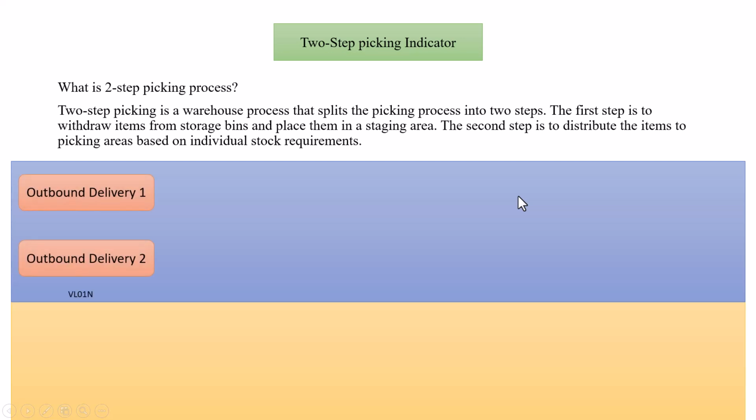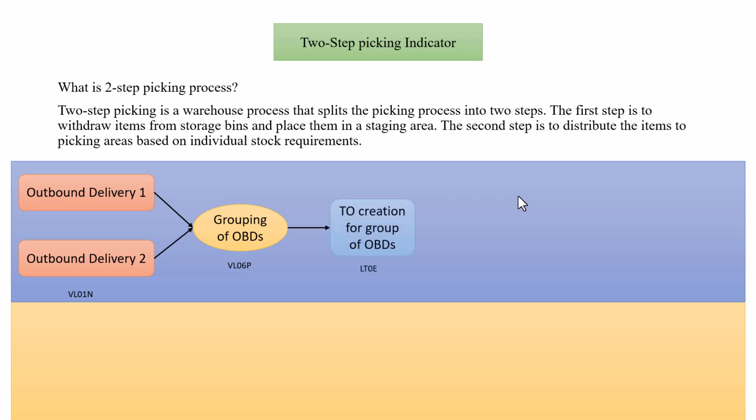So suppose we have two outbound deliveries, then we have to group the outbound deliveries into one outbound delivery with the help of VL06P. Then we create a TO for that group with LT0E. Then we confirm the TO. Then the material will come to a staging area, and it is generally storage type 200.